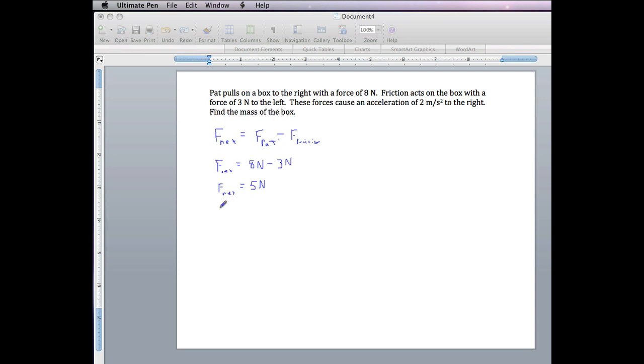Now we're ready to use Newton's second law. Newton's second law says that the net external force acting on an object is the mass of the object times its acceleration. We want to solve for the mass of the object, so we can divide both sides of the equation by the acceleration.